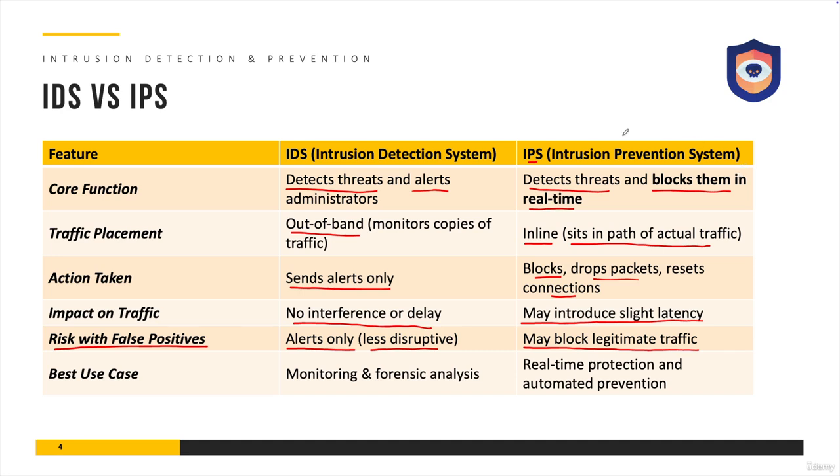Just something to keep in mind: while IPS does provide some benefits, there are some challenges as well. The best use case for IDS is monitoring and forensic analysis. The best use case for IPS is real-time protection and automated prevention. However, with the caveat that you have to be very precise with your rules, exceptions, and whitelists so that you don't get a lot of false positives.